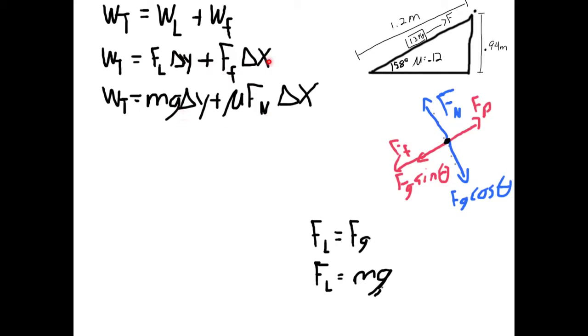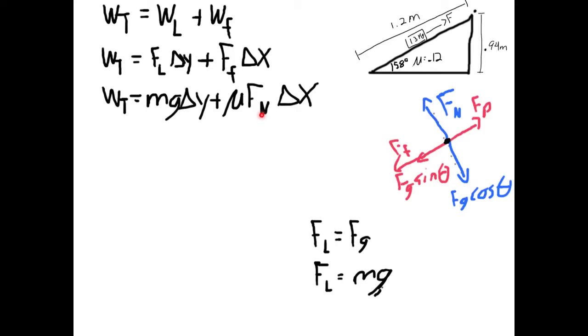The delta y, the delta x, all remained exactly the same. Now let's go through this. I know the mass, I know gravity, I know delta y, 0.94. I know mu, 0.12. I don't know the normal force. I do know delta x, 1.2. So I need to come over here and try to find normal force.